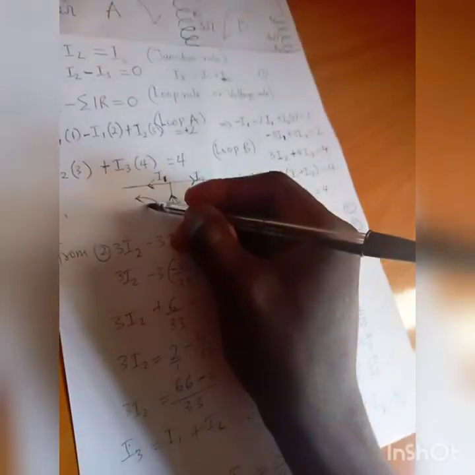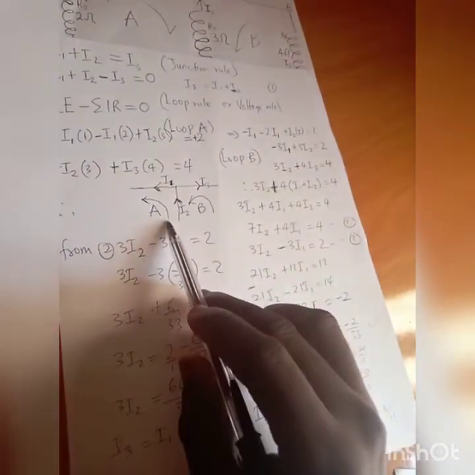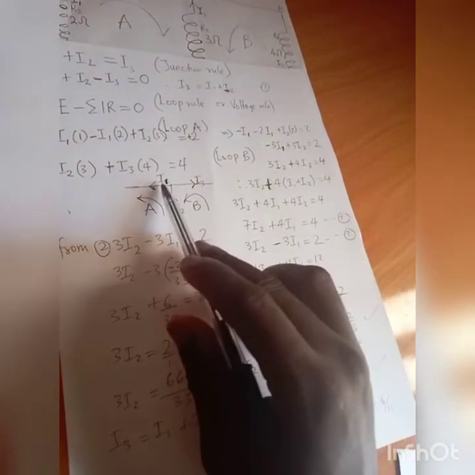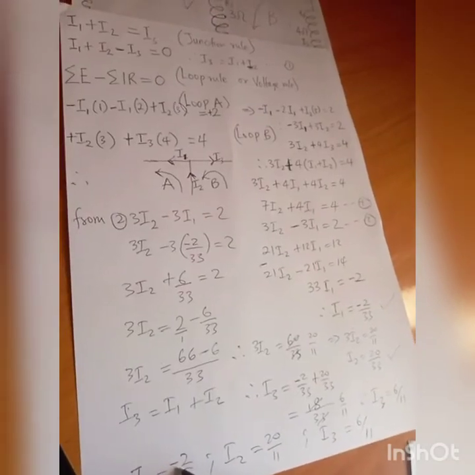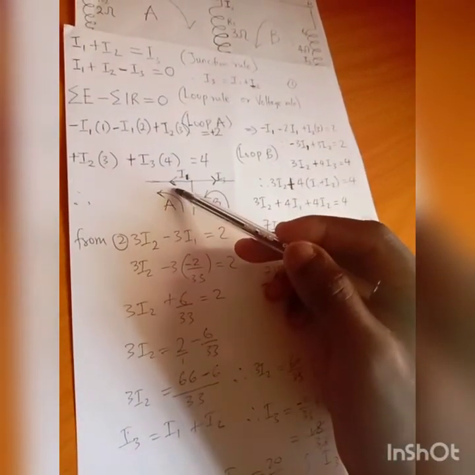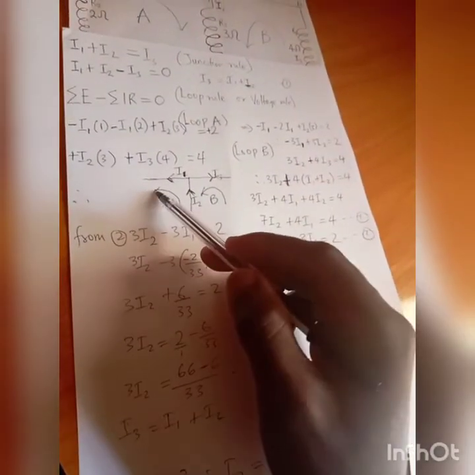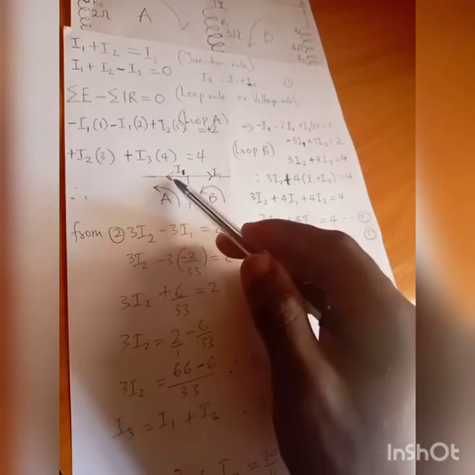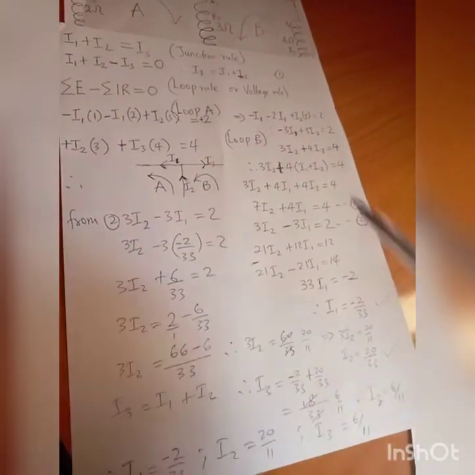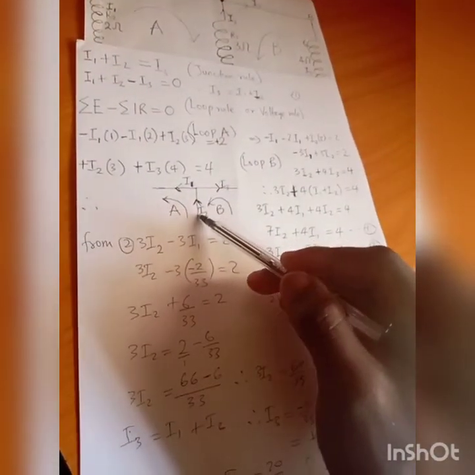So this one is loop A, loop B. So the direction of this will move this way to make sure that it will give you negative, because the negative sign says we are to change this direction to opposite of it. Okay, and also make sure that the loop will also correspond with the current so as to give you negative. Okay, then I3 retain its direction, I2 will retain its direction.